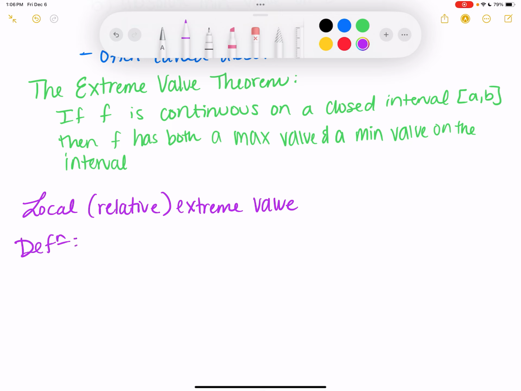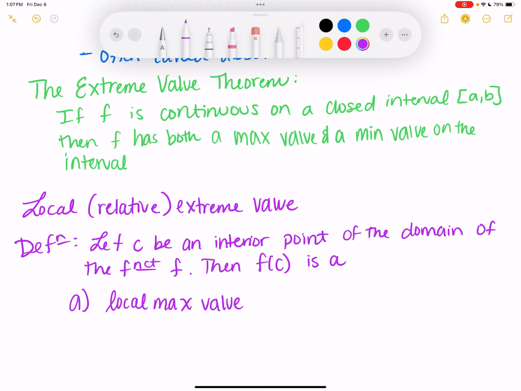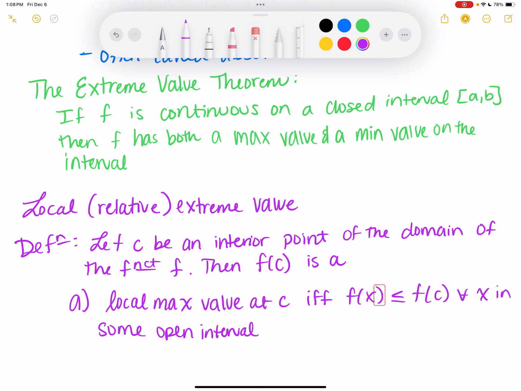Definition of that: let c be an interior point of the domain of the function f, then f of c is a local max value at c if and only if f of x is less than or equal to f of c for all x in some open interval containing c.